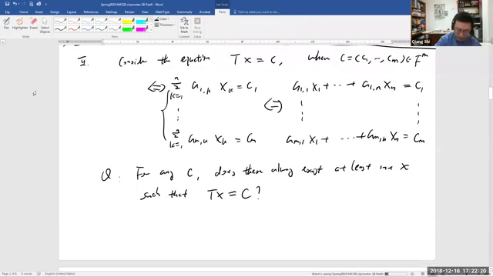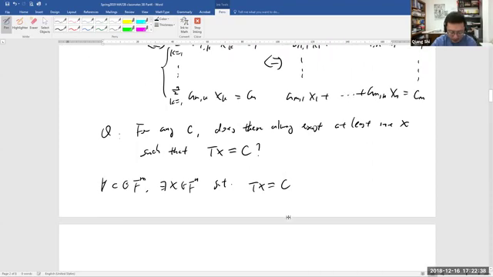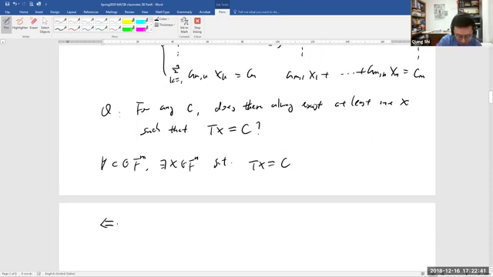So remember, if we have this case, for any c in Fm, there exists x in Fn such that Tx equals c, then this means your T is surjective, because that means your T of x will give you everything in the other Fm there.